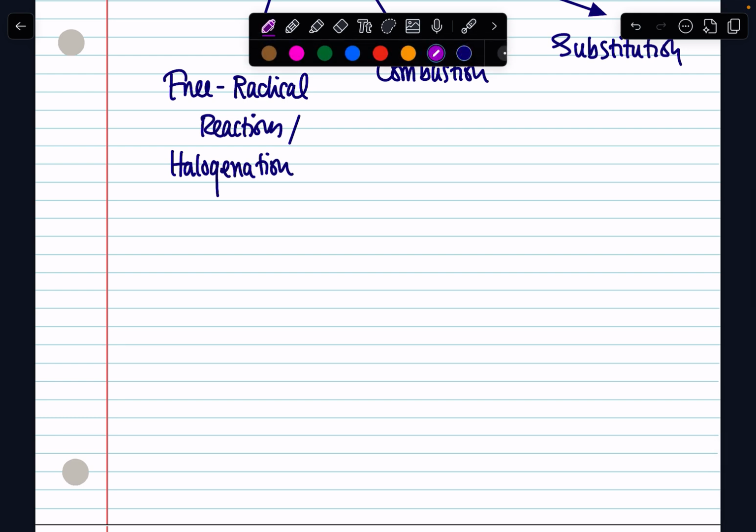The first group is free radical substitution. Essentially, what you have here is something like an alkane, which will give you an alkane free radical. Usually, you put a dot on top of your molecule or carbon or whatever atom you have to depict a free radical.